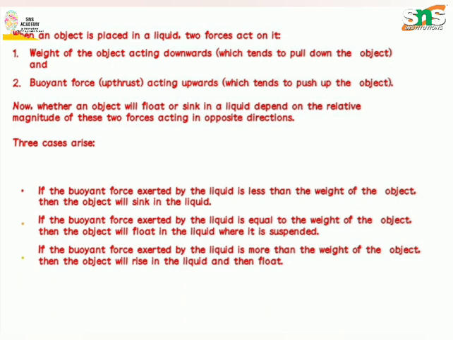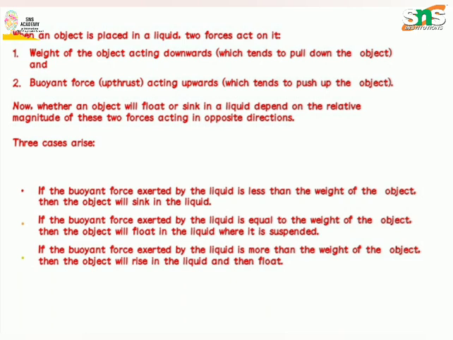So why does an object float or sink in a liquid? As you already know, the iron nail sinks whereas coke floats in water because of the difference in density. If the density of the object is more, it will sink. If the density of the object is less, it will float. So the three cases arise over here. If the buoyant force exerted by the liquid is less than the weight of the object, it will sink.